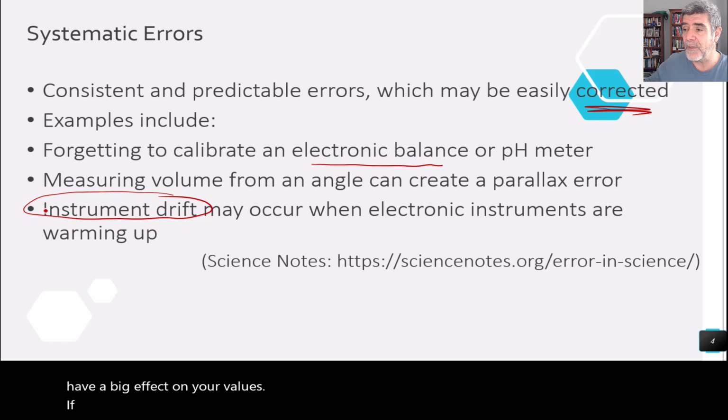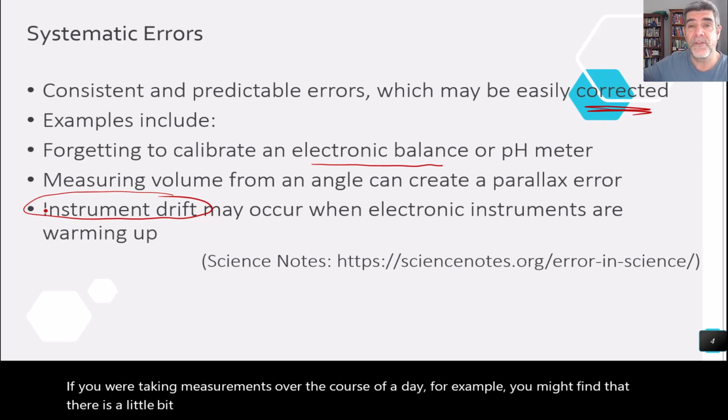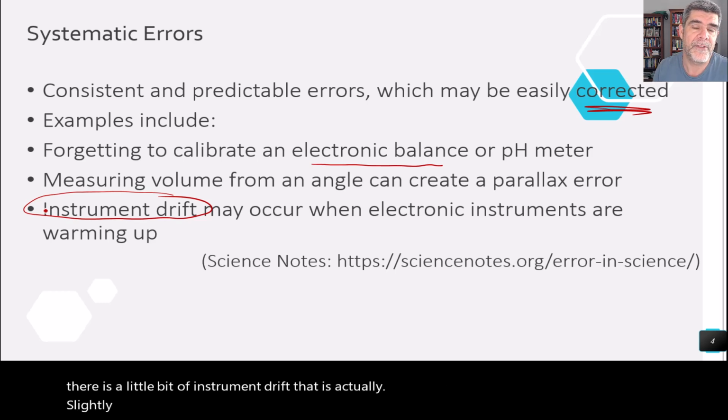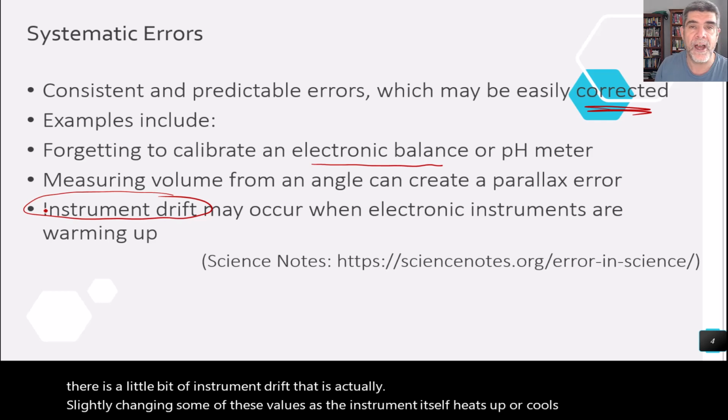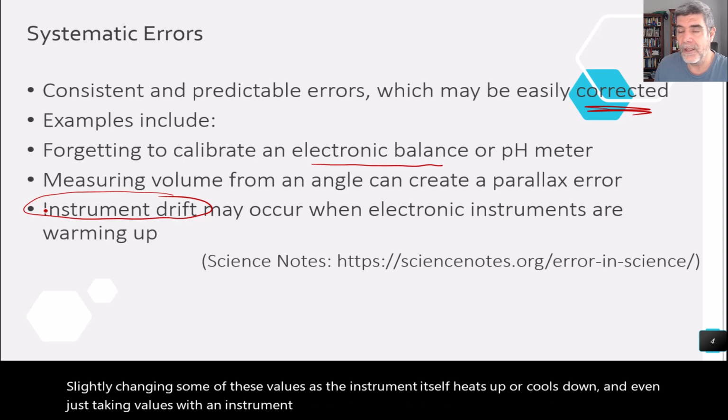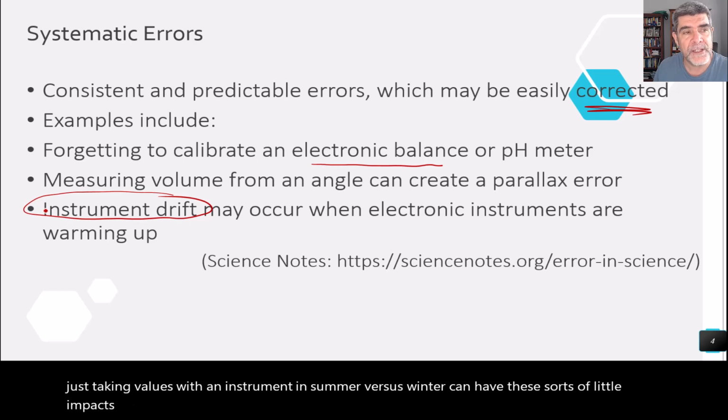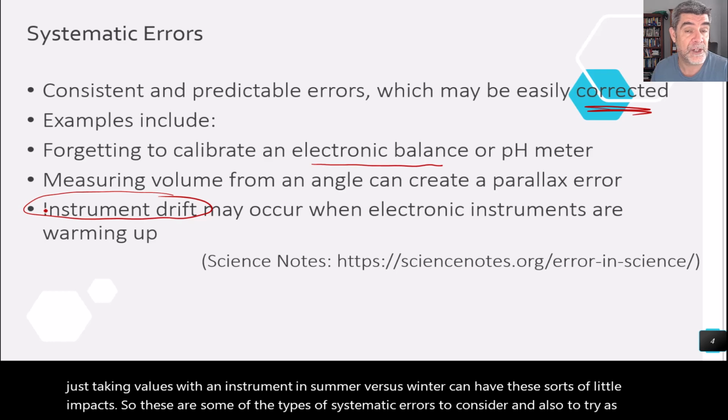If you were taking measurements over the course of a day, for example, you might find that there is a little bit of instrument drift that is actually slightly changing some of these values as the instrument itself heats up or cools down, and even just taking values with an instrument in summer versus winter can have these sorts of little impacts. So these are some of the types of systematic errors to consider and also to try as much as possible to eliminate.